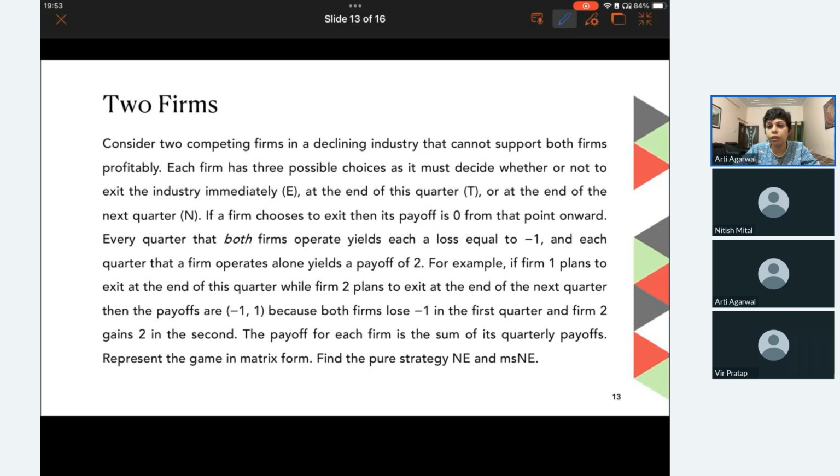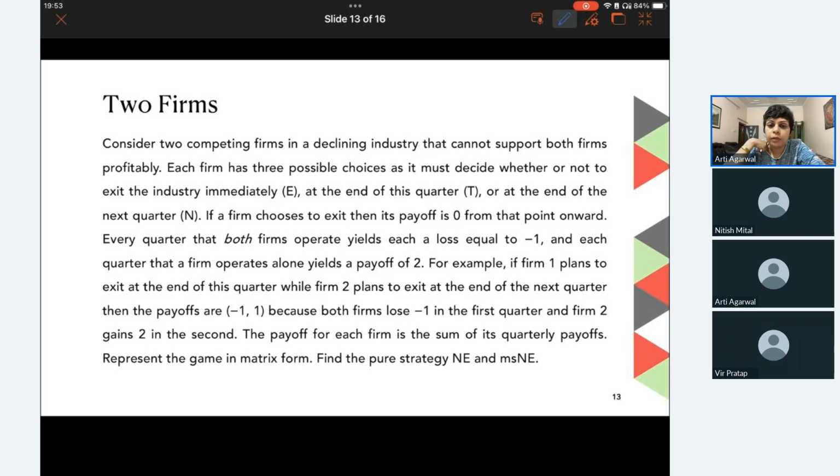So if both the firms are operating in a particular quarter, the payoff to both the firms is actually a loss of -1. Whereas if one firm has already exited, then for the other firm, the payoff becomes 2, and for the first firm, it is 0.